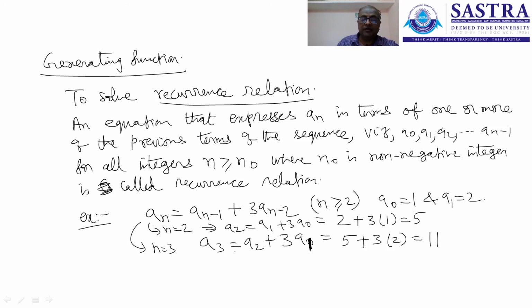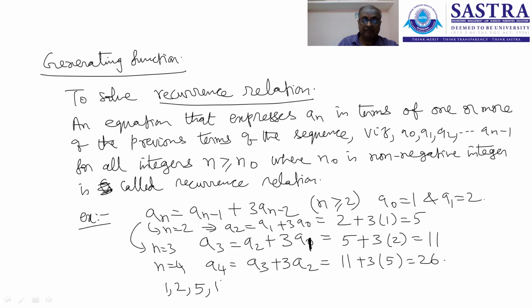Similarly, when I substitute n is equal to 4, I will have a4 is equal to a3 plus 3 into a2. a3 is 11 plus 3 into 5, so this would be 15 plus 11, 26. So here the sequence would be like this: 1, 2, 5, 11, 26, and so on.